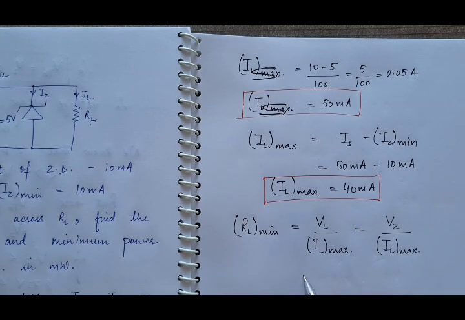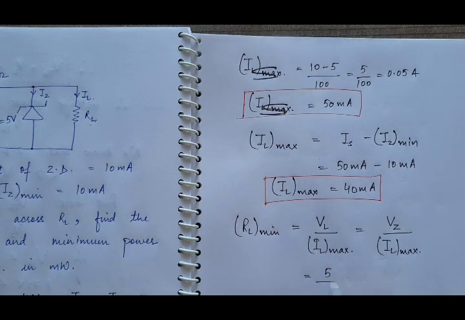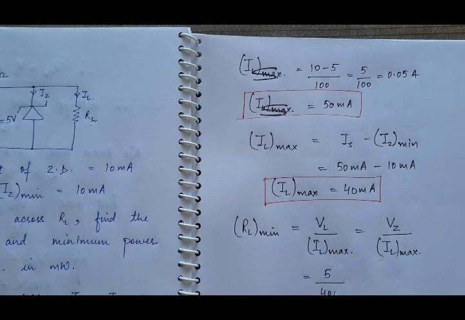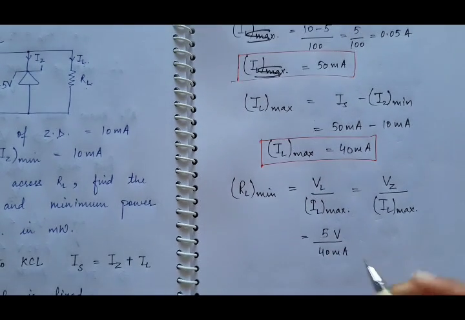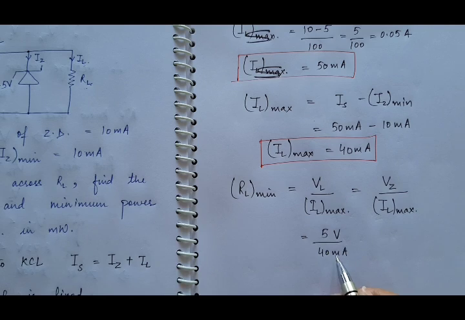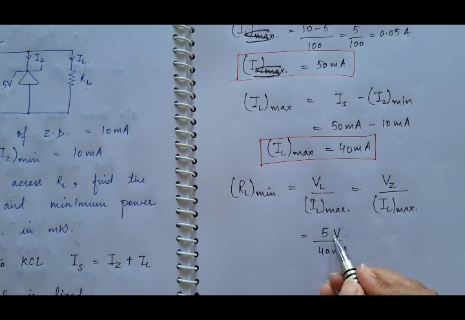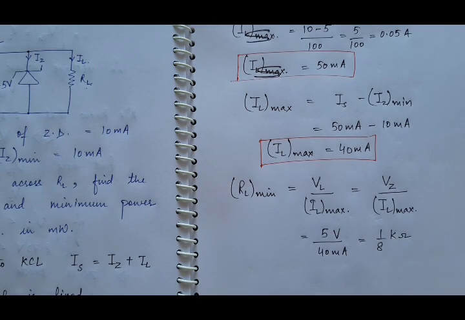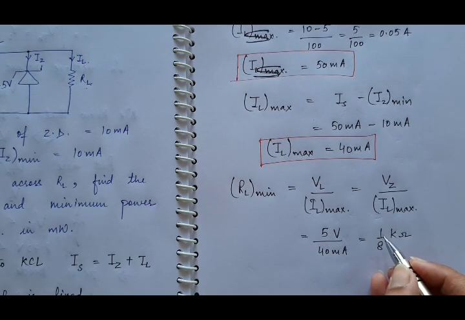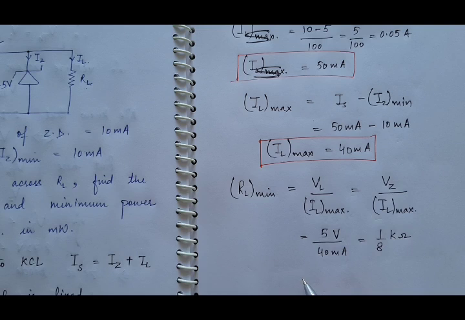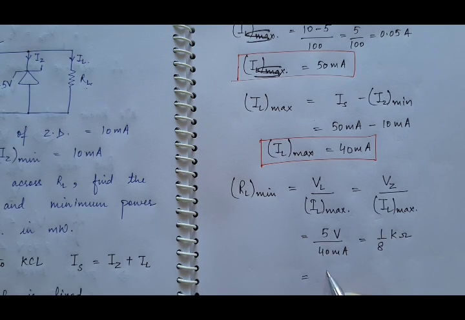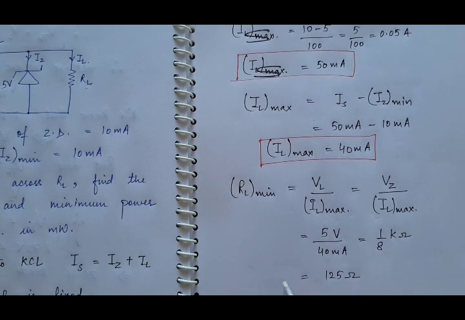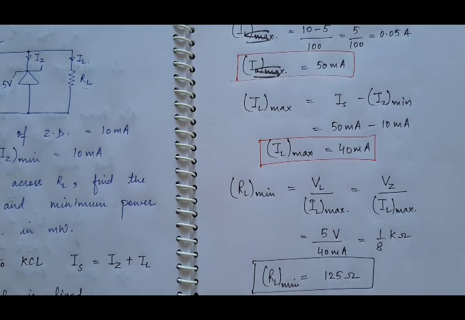This VL will be equal to VZ because both are connected in parallel. So VZ is 5 volts divided by IL max, 40 milliamperes. The milli becomes kilo when you take it to the numerator, so we have 1 by 8 kilo ohm, which gives 125 ohms. So the minimum resistance for the Zener diode to remain on is 125 ohms.